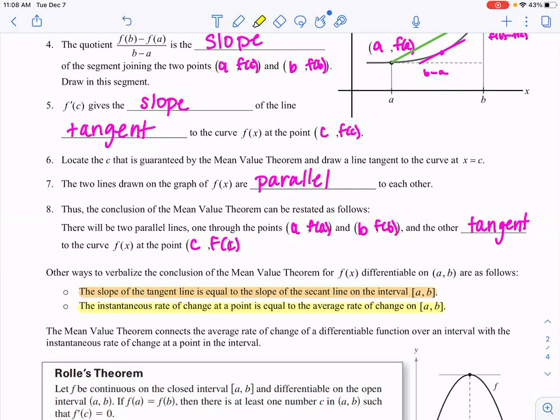There are going to be times where they'll either ask you to verify MVT, or they will literally say, find where the average rate of change equals the instantaneous rate of change. Still MVT, just said a different way.